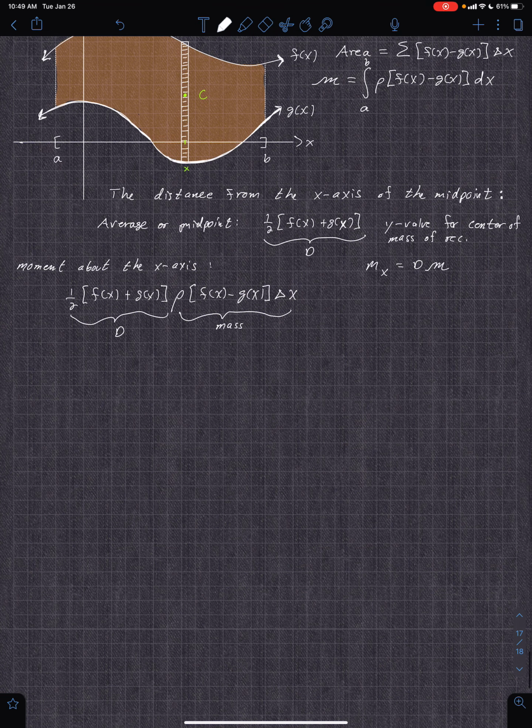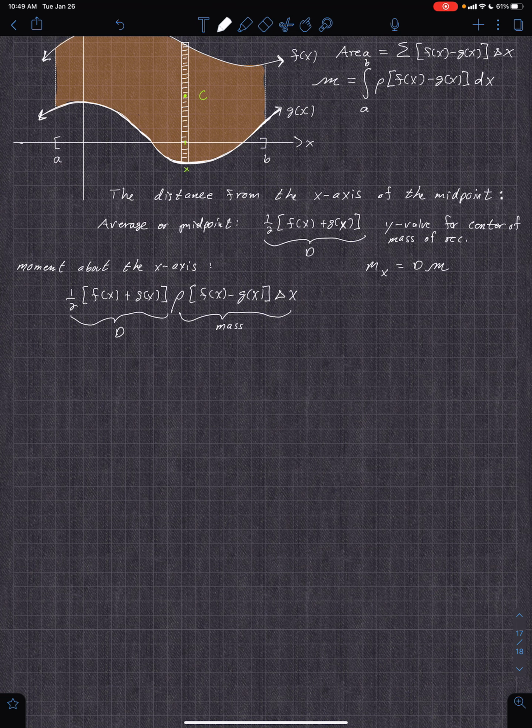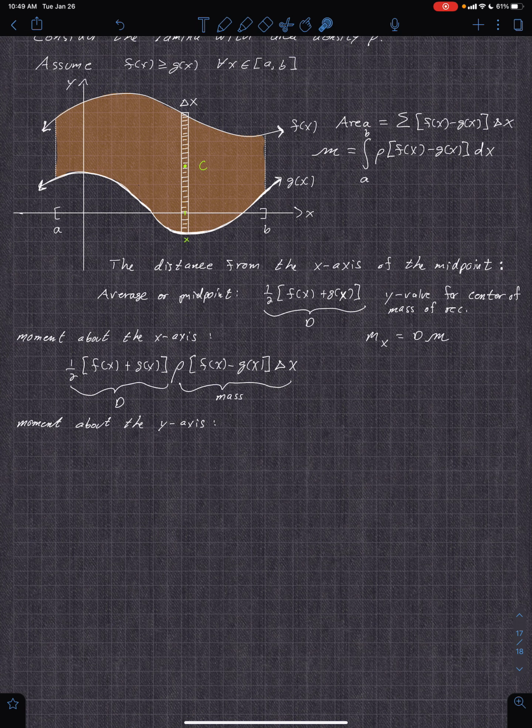Now let's do the moment about the y-axis. So moment about the y-axis is similar, but it's actually easier because the distance is just your x value. Wherever your x is, that is the center of delta x.